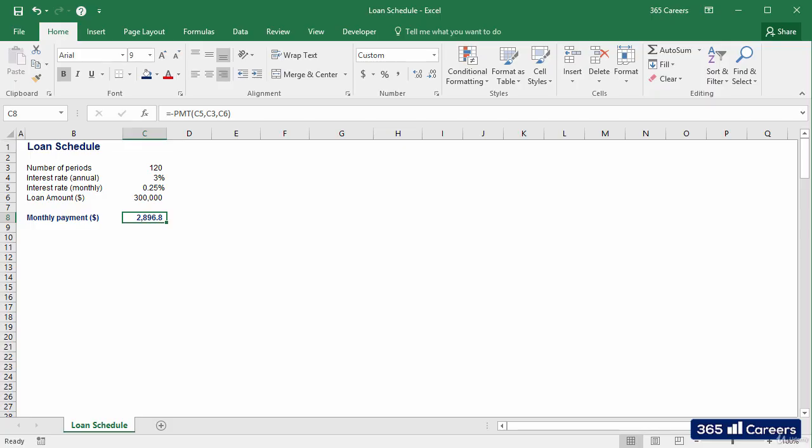Let's go a step further and disaggregate what portion of each payment is interest, principal, and how much is the remaining debt. I'll create 5 columns. Period, payment, interest, principal, and residual debt.